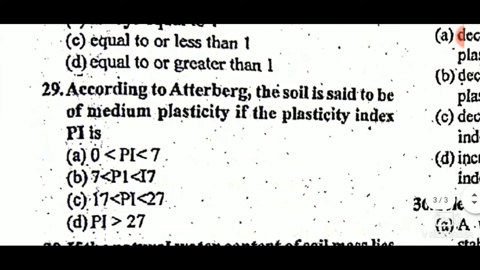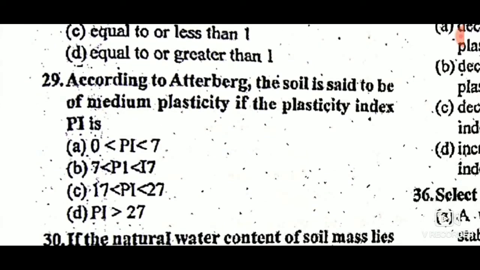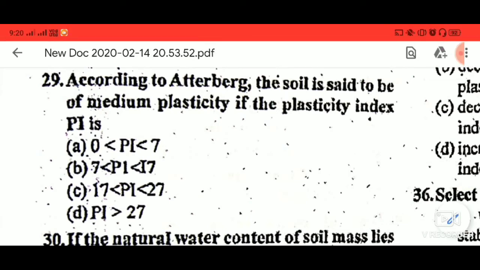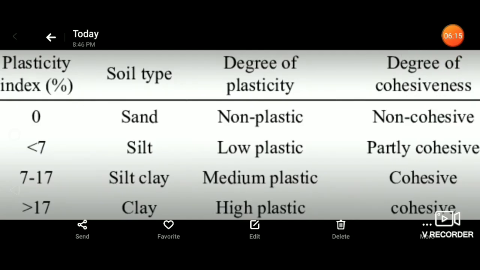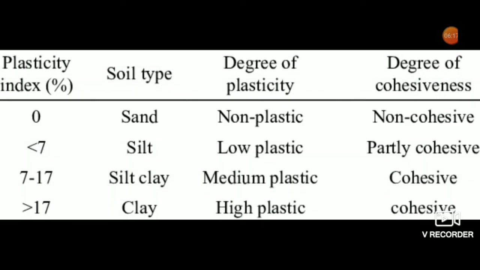Next question. According to Atterberg, the soil is said to be of medium plasticity if the plasticity index is. Here we have one table for that. For plasticity index 0, the soil is sand and it is non-plastic. Plasticity index less than 7 and greater than 0 is silt and it is of low plastic.